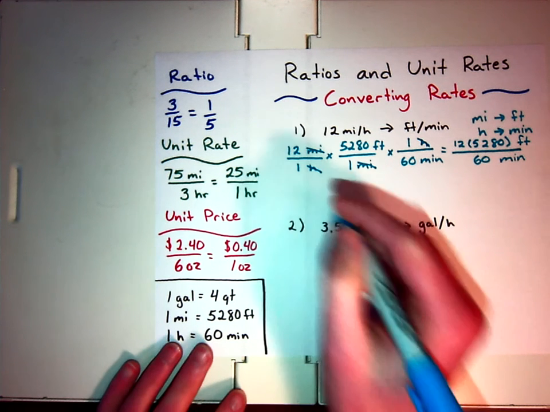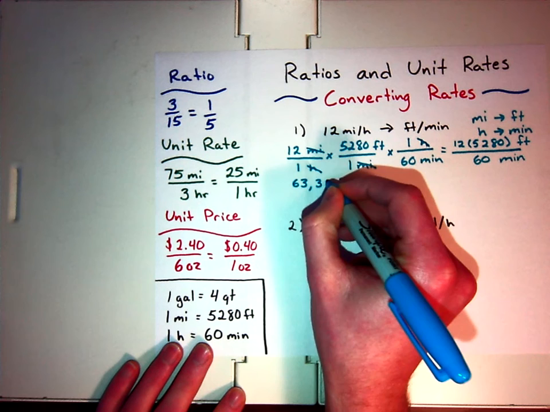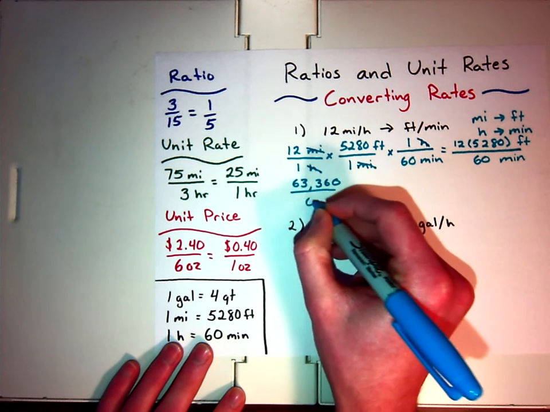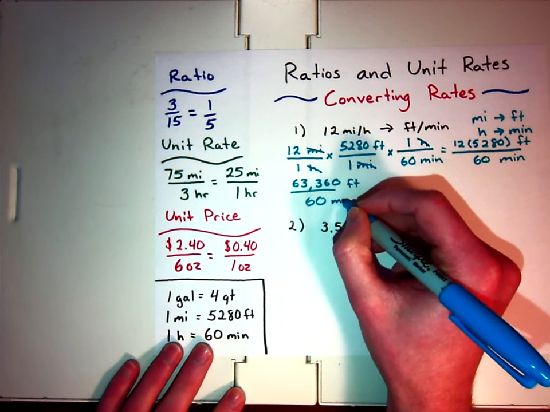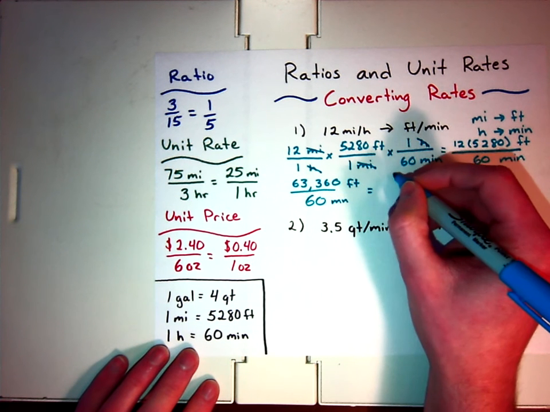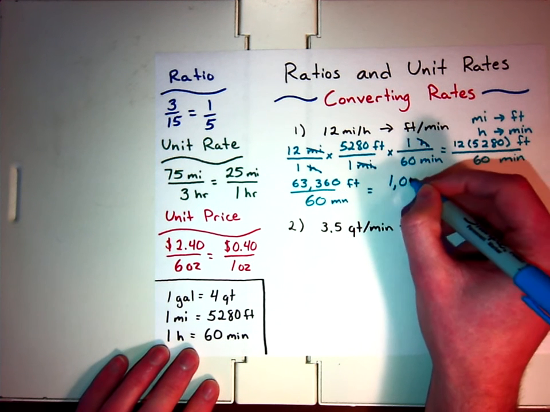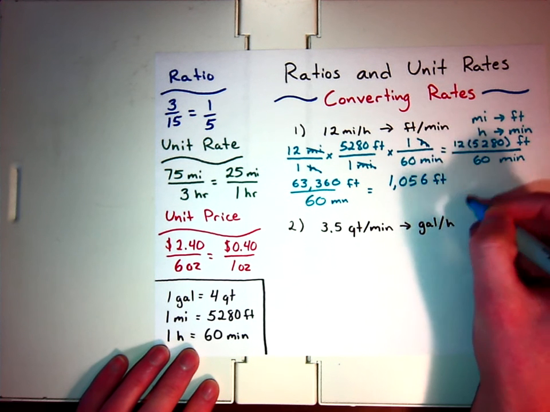That's going to get me 63,360 over 60, still feet a minute. And then I'm going to divide that by 60. And so that will get me 1,056 feet per minute.